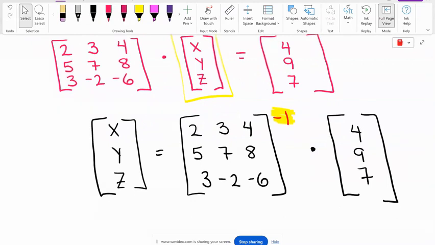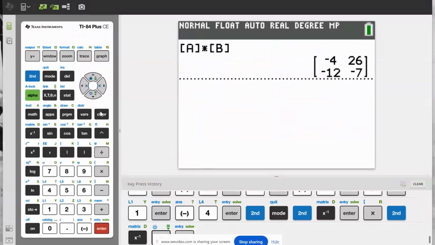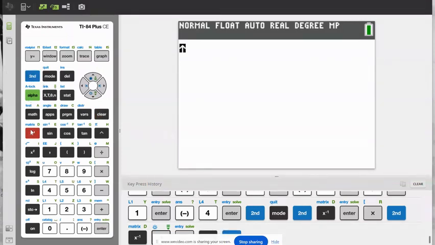All right, so our first thing we're going to have to do is enter in the coefficient matrix. So go ahead and do that. Enter in your coefficient matrix.